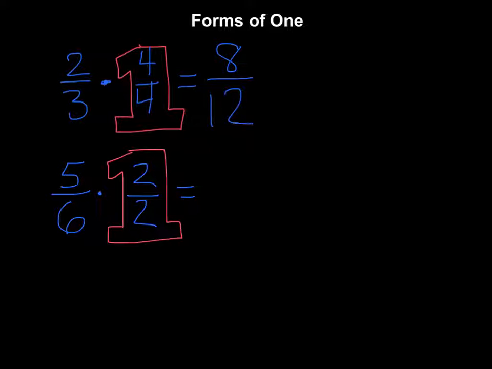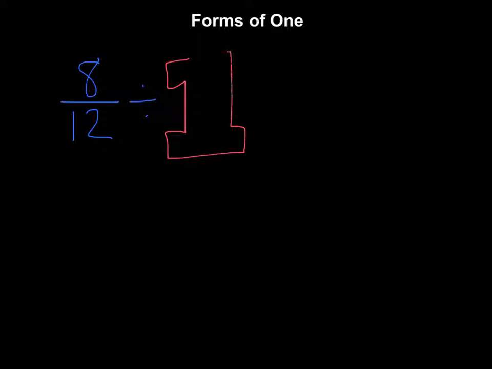So now 5 times 2 is 10, and 6 times 2 is 12. And hopefully you've seen what I've done here, that I have used forms of 1 to change both of these fractions so that they have the same denominator. And this could be the use of forms of 1 to change fractions so that they have the same denominator.